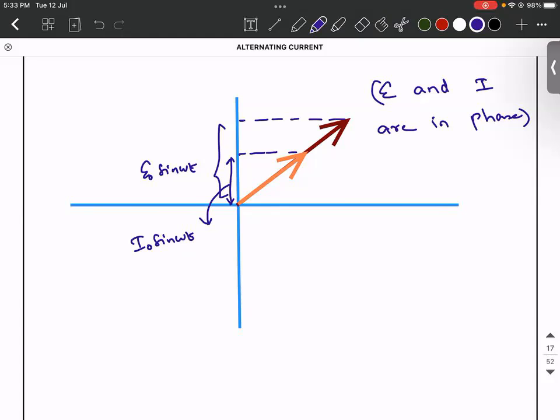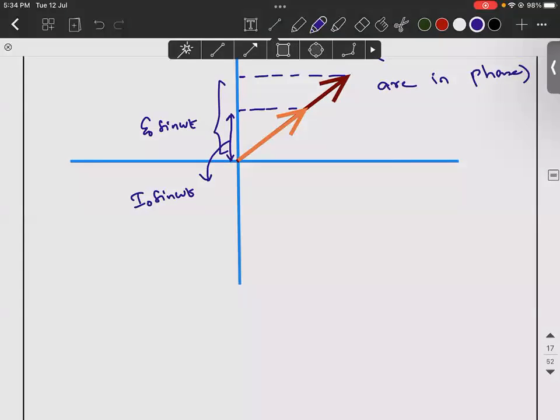If EMF attains maximum value, current will also attain maximum value simultaneously. This is clear, guys. Right?